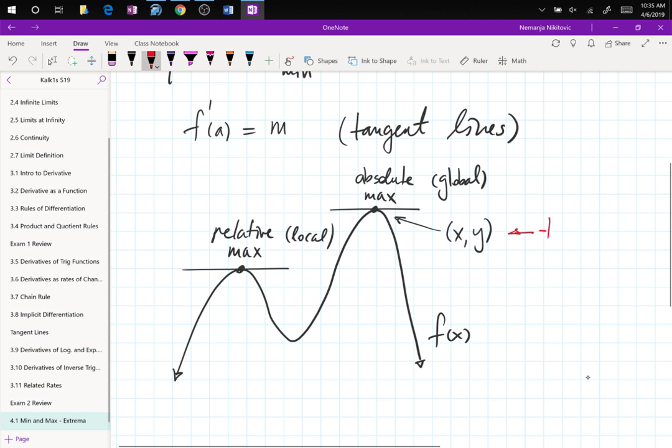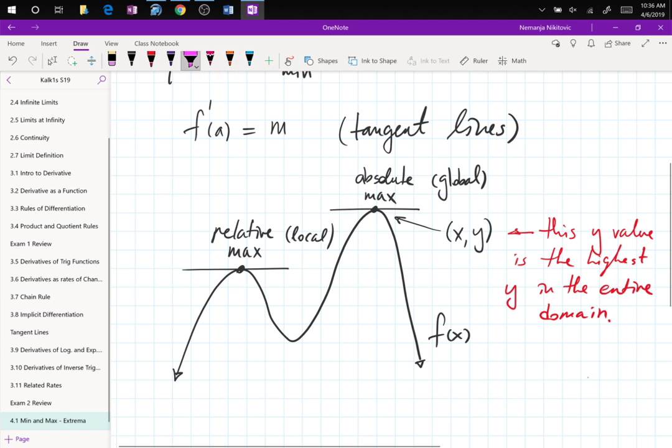So this y value is the highest y in the entire domain. It's the highest value on the entire domain.